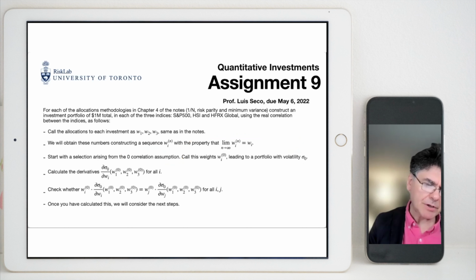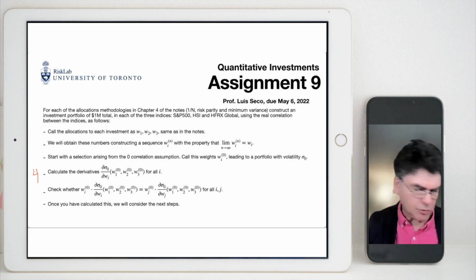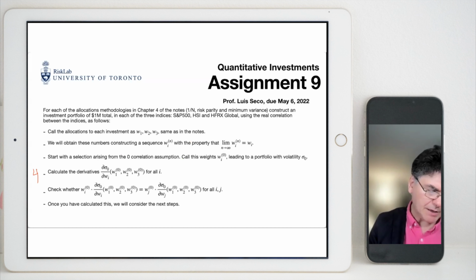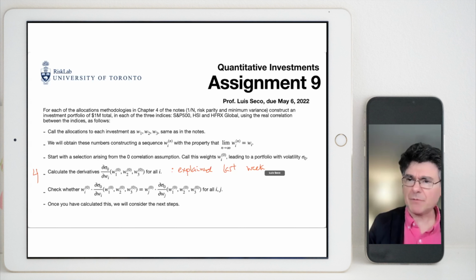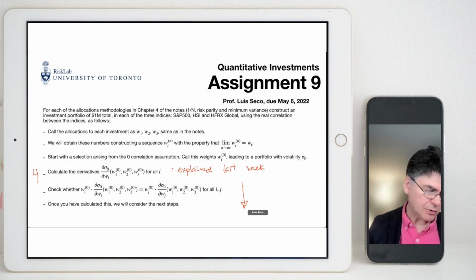And now I have a question in the chat that says something about number 4. This is number 4. So I guess you're asking how to do this. This is what I explained last week. I'll explain it today again if I have to. Lee is asking a question. He says, I can't understand it from the 4th one. So I don't know if you mean that you do not understand the 4th or you do not understand what's after the 4th.